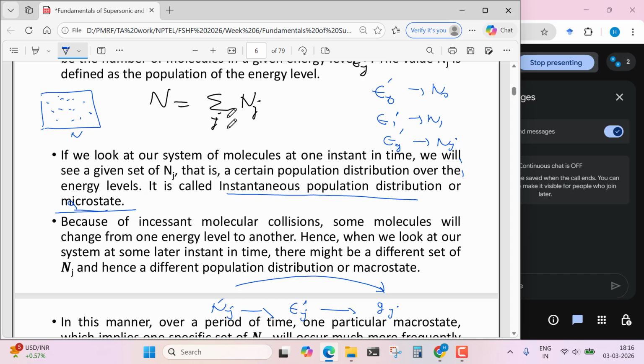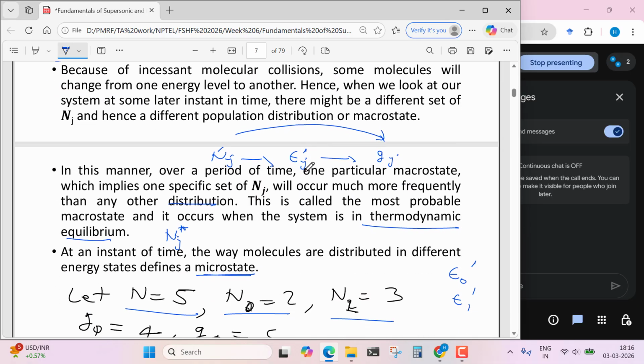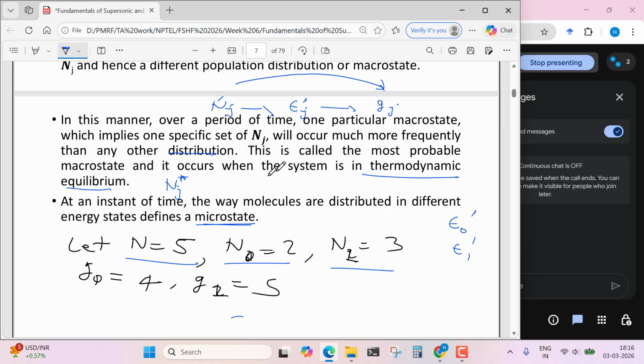So we get a different macro state at a different instant. Over a period of time, one particular macro state, which implies one set of Nj, will occur much more frequently than any other distribution. This is called the most probable macro state, and it occurs when the system is in thermodynamic equilibrium.